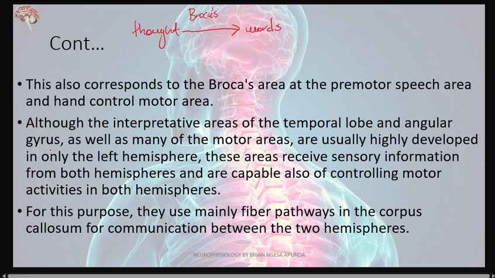Placing here the Wernicke's area, where the Wernicke's area normally picks words. Remember, words are just codes of information. For example, something like an area.